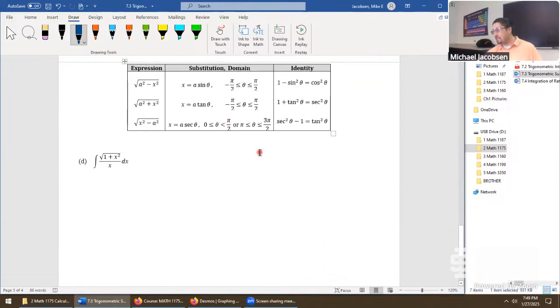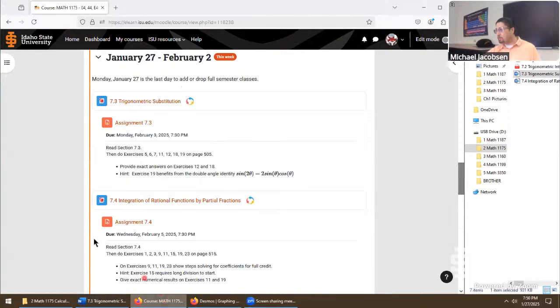However, this one is actually a hard one. I have to be pretty honest. Some of the problems that I do assign in the homework are just a little bit harder than normal. If I feel like that's what happens, I always try to put this down on the homework sets. For example, exercise 19, I mentioned, benefits from a very specific double angle identity. That's because when you go to integrate, you're going to use a reduction formula, which involves a 2 theta coming in, but your right triangle is involving just theta.